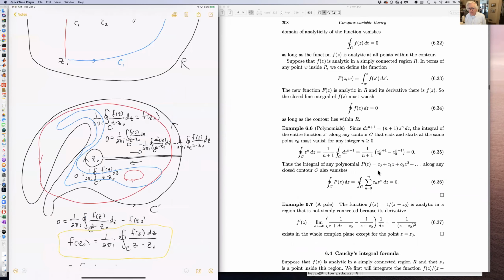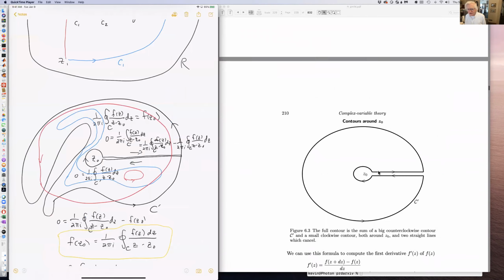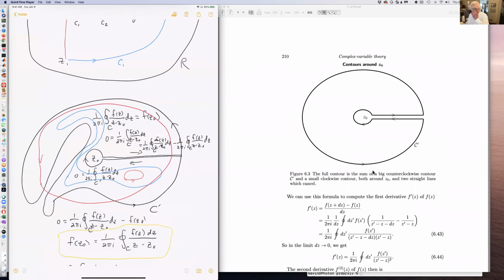And now Cauchy's integral formula follows from the integral theorem, because what we do is we imagine now we have a region of analyticity, and everything inside the orbit of this mouse, or imagine, is a region in which the function f of z is analytic.